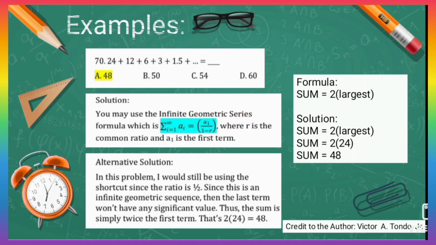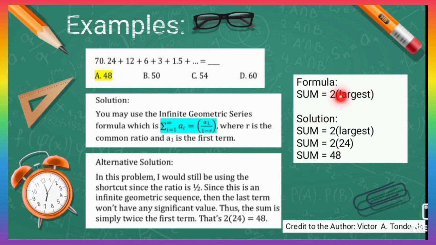Yung shortcut way natin ulit is gawin natin yung kanina, pero dito sa formula na to, tinanggalan natin yung minus small number, kasi hindi natin alam kung ano yung value ng small number. Because naka-ellipse siya, hindi natin alam kung ilan na yung value ng pinaka-smallest number. Kaya tinanggal natin yung minus small.